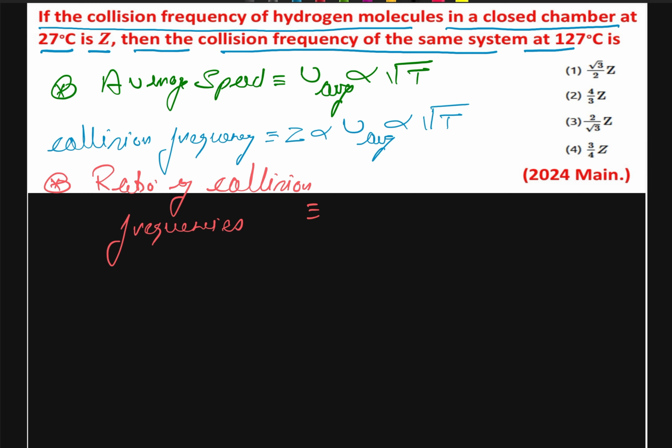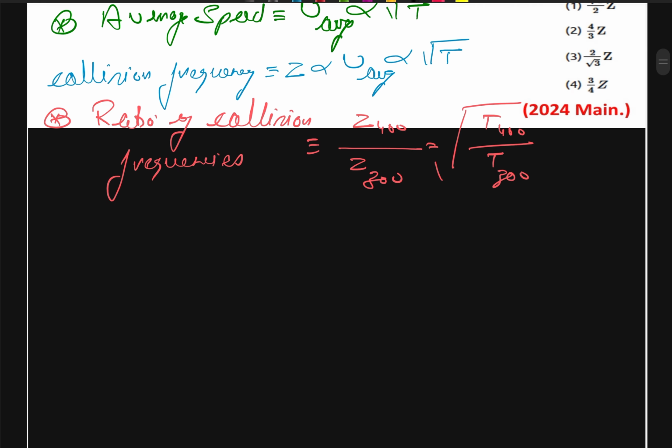We have two temperatures, one is 27 degrees and the other one is 127 degrees. Therefore, we can say that Z of 400 Kelvin and Z of 300 Kelvin will be equal to the square root of temperature for 400 Kelvin and temperature for 300.